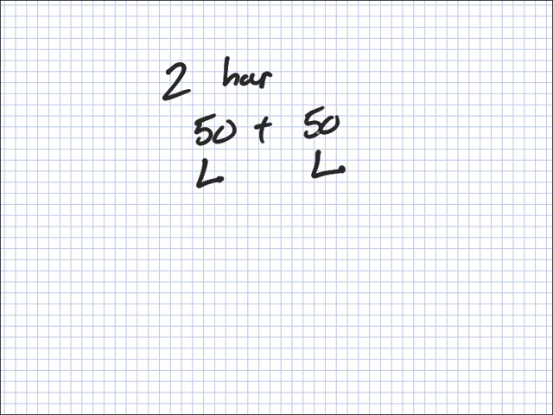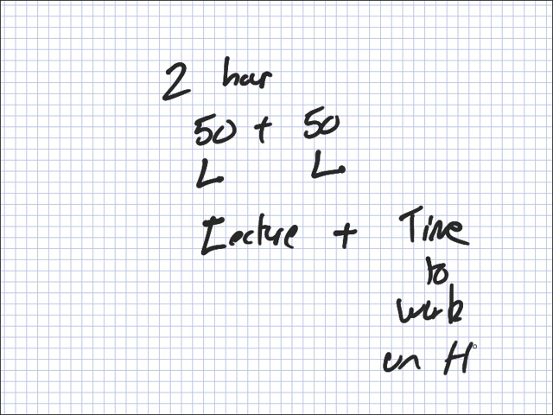But normally for the first class I go a little bit slower because it's the first day. So what we'll do is we have our lecture, plus I'll give you some time to work on the homework, to practice in class now. We can do it together. I can help you.